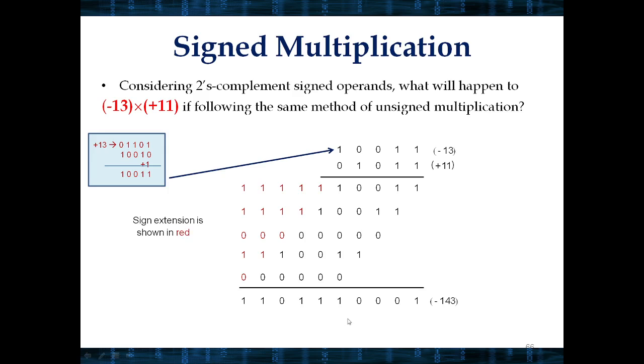When we add these, we will get this value, which is nothing but minus 143. The bit values given in red color are nothing but the sign extension concept used. So this is the method of unsigned multiplication which we used in the signed multiplication method.